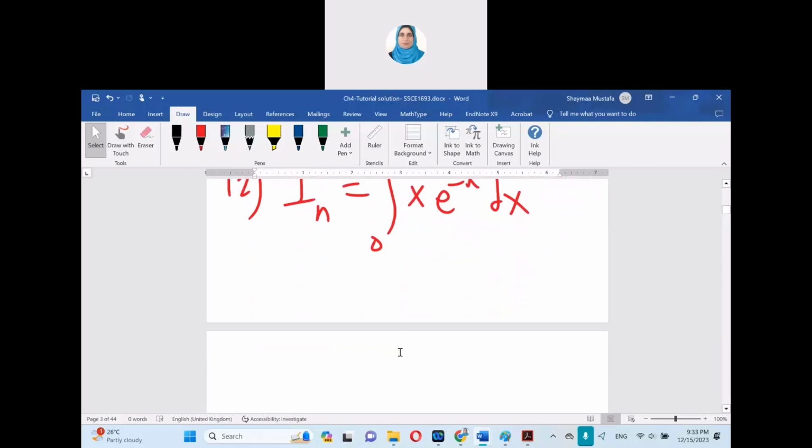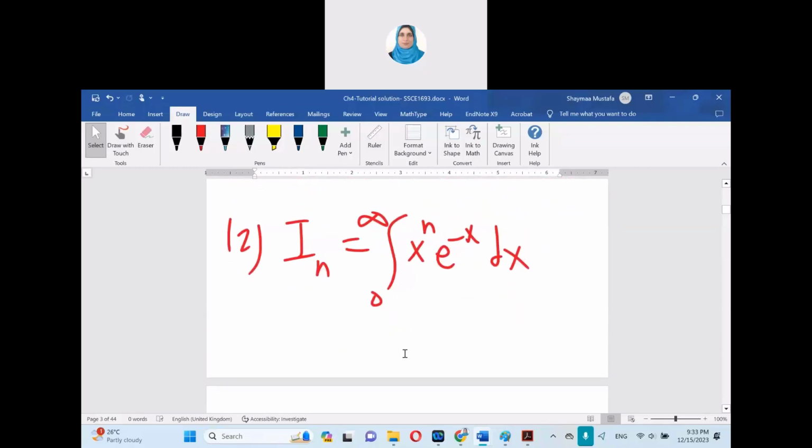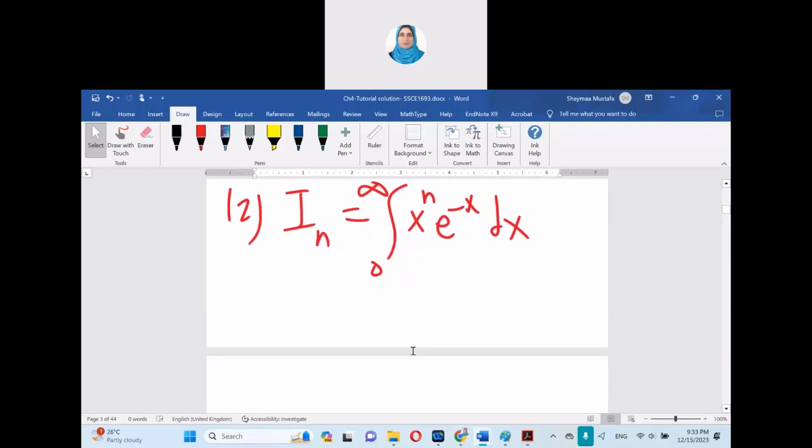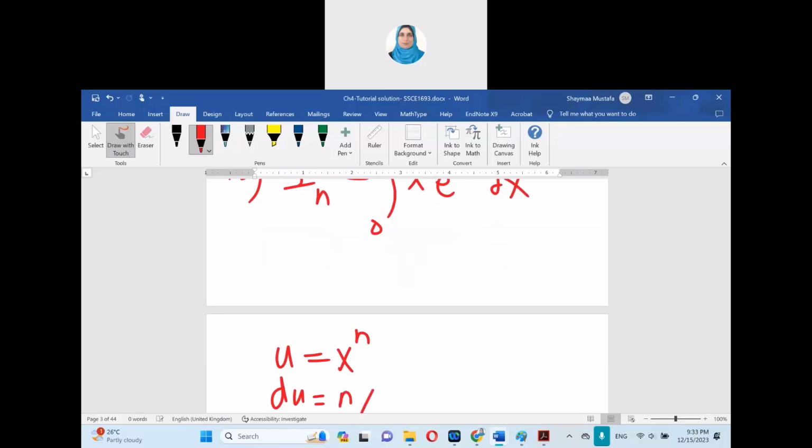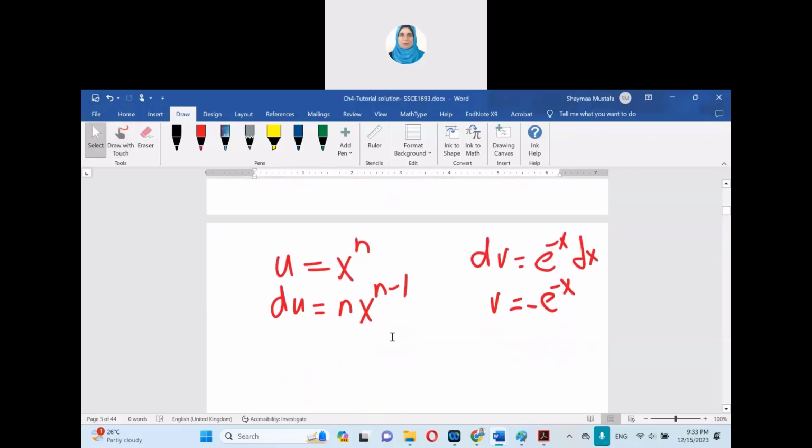So you need to go for integration by parts. Take u equal to x to the power n, then du is n x to the power n minus 1. Take dv equal to e to the power minus x dx, then v is minus e to the power minus x.